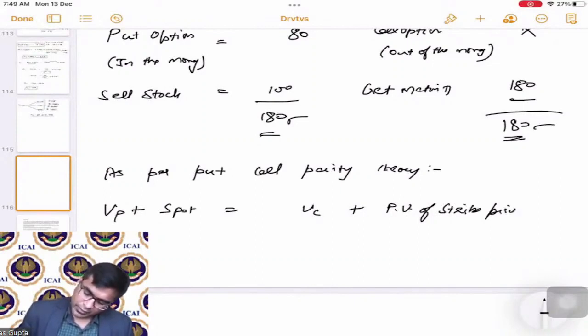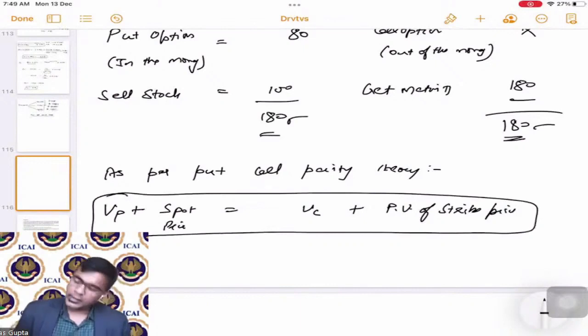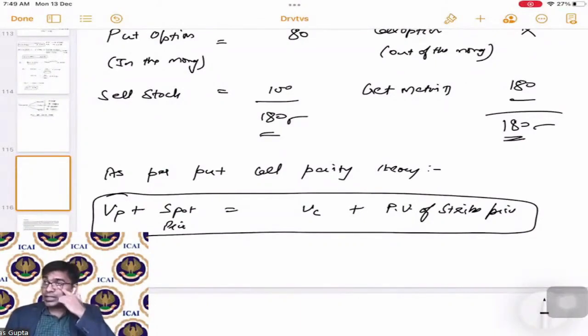This is the spot price. These two, the LHS, is equal to the investor one initial cash flow. The RHS is also equal to the investor two initial cash flow.